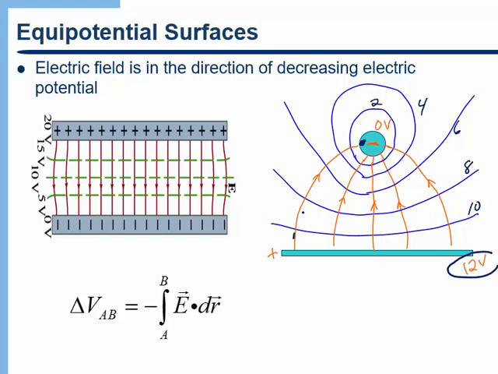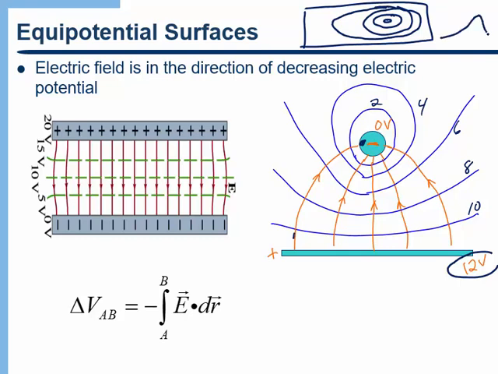By the way, oftentimes equipotentials are related to the lines on a topographical map. So if you know what a topographical map is, it's a map that shows you where the elevations are the same. So for example, a mountain on a topographical map might look something like this, where each of those lines represents a certain height. So in other words, here's what my mountain actually looks like.